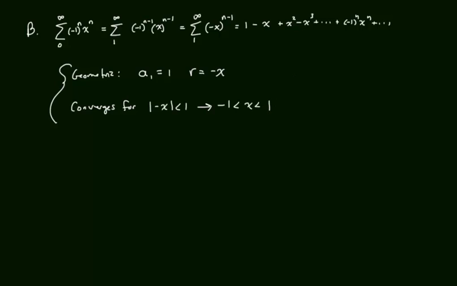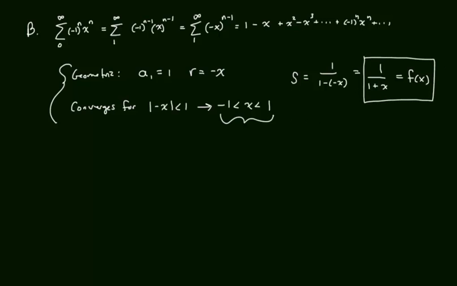Now, what does it converge to? It converges to s, which is 1 over 1 minus negative x, or simply 1 over 1 plus x. So this is what the function looks like on this interval of convergence.